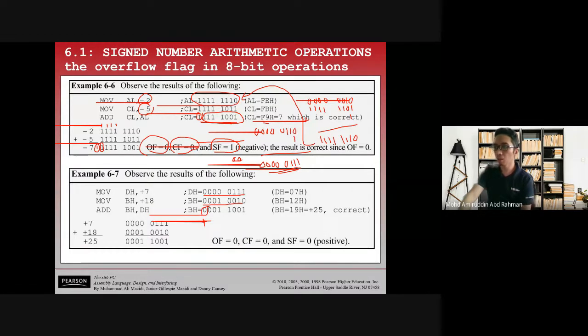So it is 25, which is equivalent to 19H: 1, and then this is 9. So how do you get 25 back? From here it is 0, 0, 0.